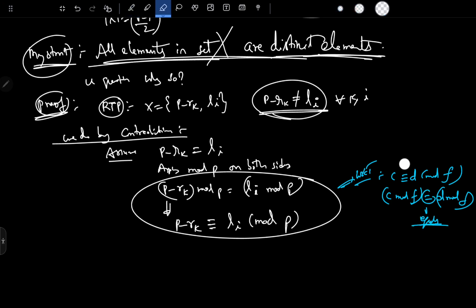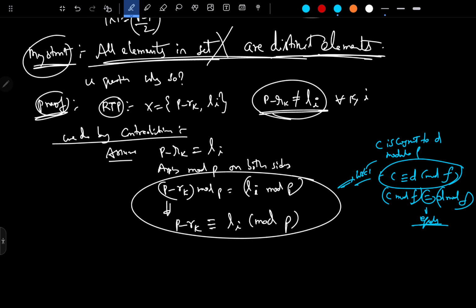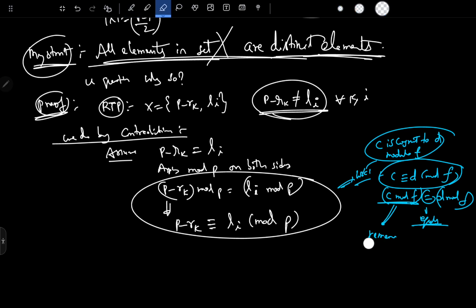We read the congruence as C is congruent to d modulo f. And C mod f means the remainder when C is divided by f. That's it, simple.